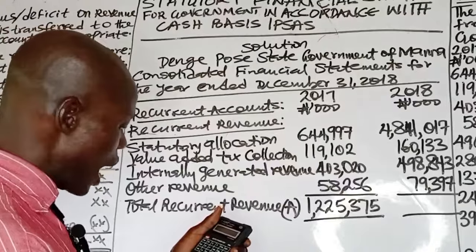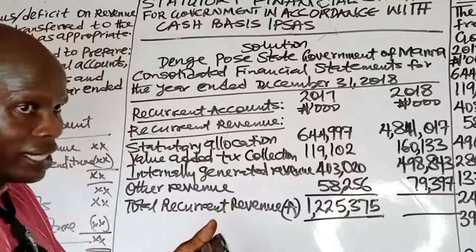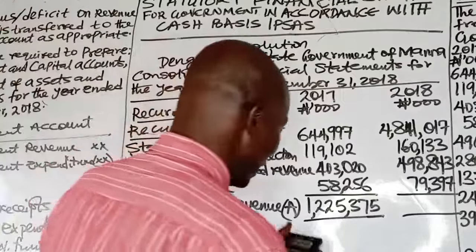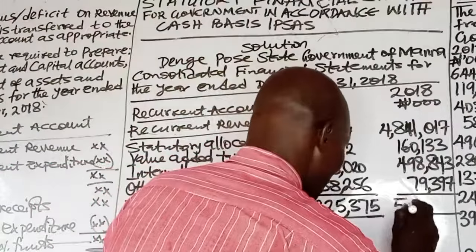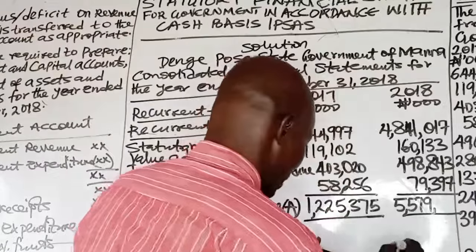So our recurrent revenue for 2018 is 5,579,390.